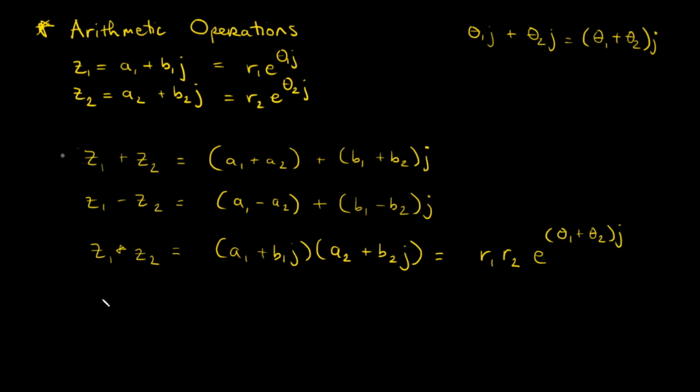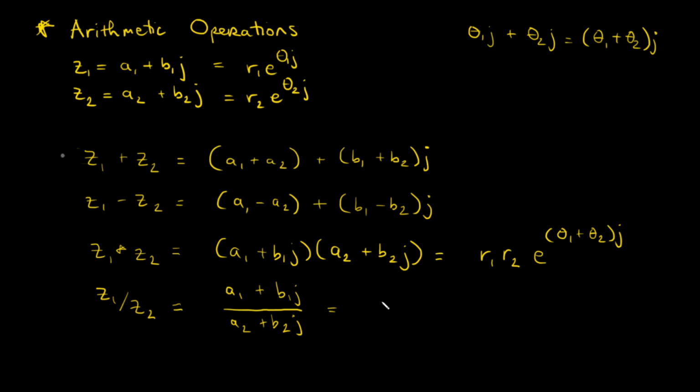How about the division between two complex numbers? We have z1 divided by z2, and again, you can use either Cartesian form or polar form, but I would recommend the polar form because when you divide two exponential terms, it's easier. We just subtract the power terms. In Cartesian form, you have a1 plus b1j divided by a2 plus b2j, and you have to simplify it to get a simplified complex number form, just like a plus bj.